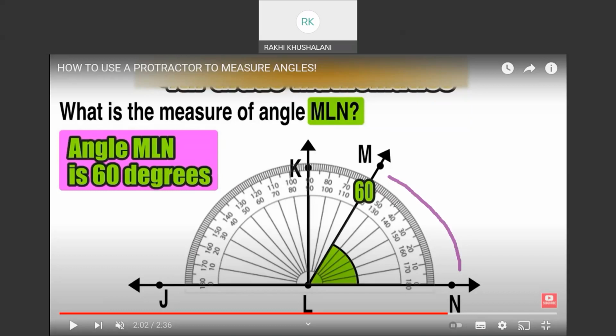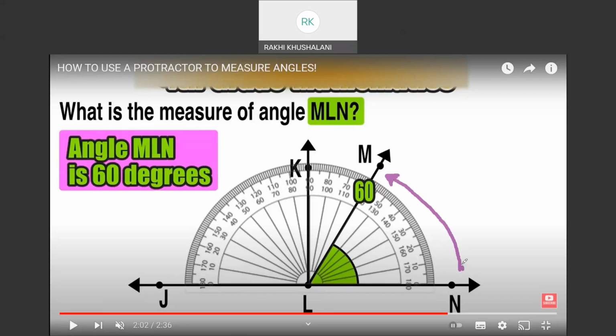Now children, I would like to tell you one thing. There are protractors in which the bigger numbers can be reversed, like here, in this one 0, 10, 20, 30, 40 is coming on the outer side of the scale and the bigger numbers are coming at the lower side of the scale, but it can be reversed. But you have to remember that you are going to go anti-clockwise.